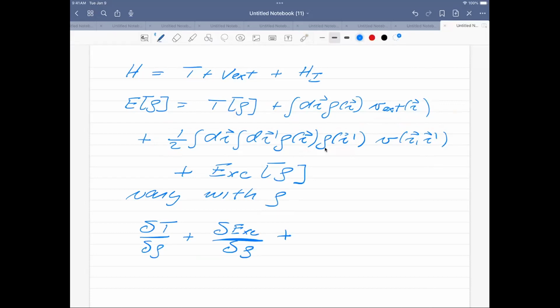So I simply get plus d of R prime of rho of R prime multiplied with V of R and R prime. Oops, let me just correct that one.